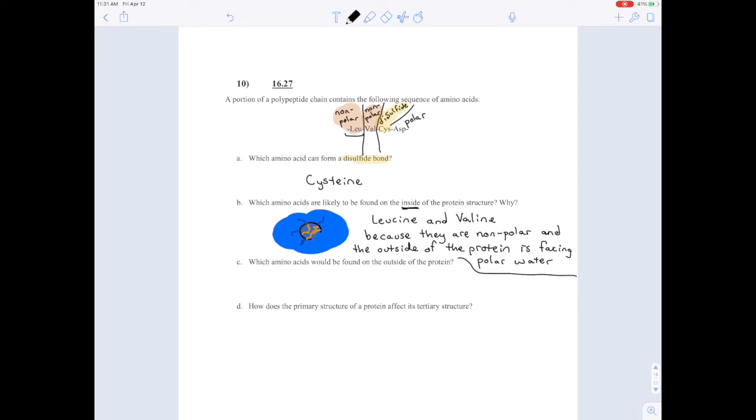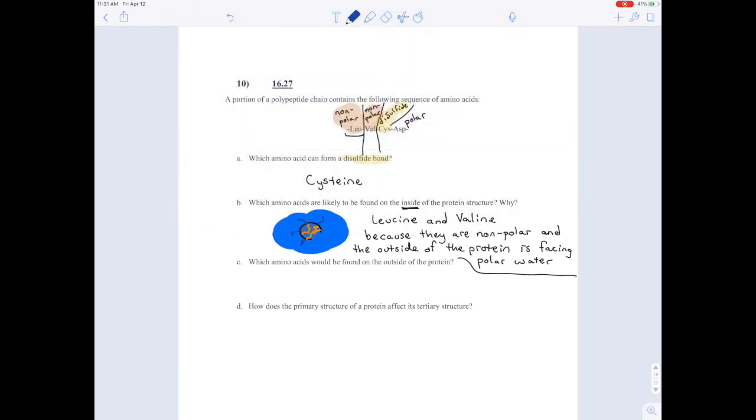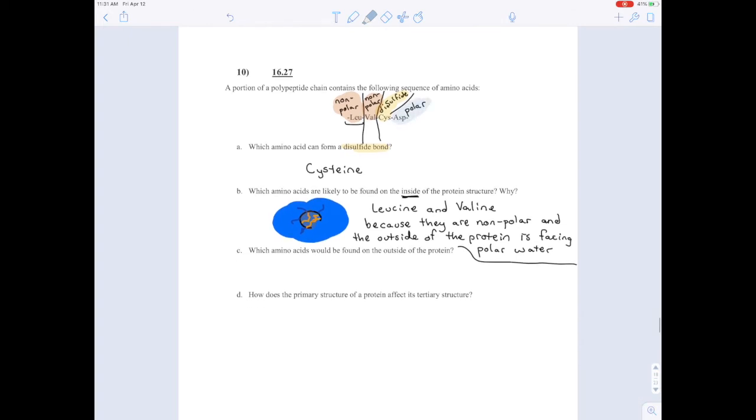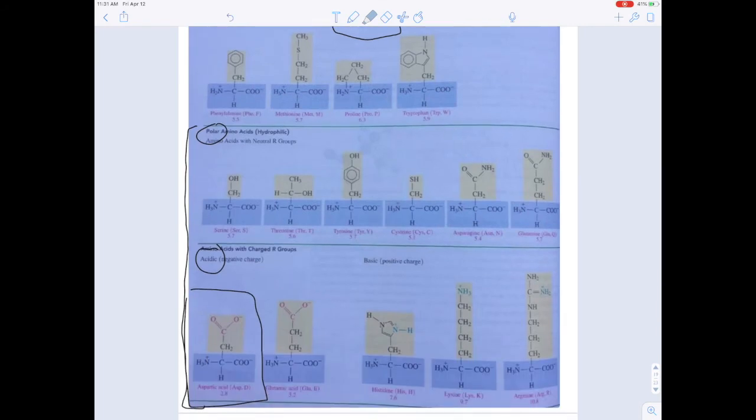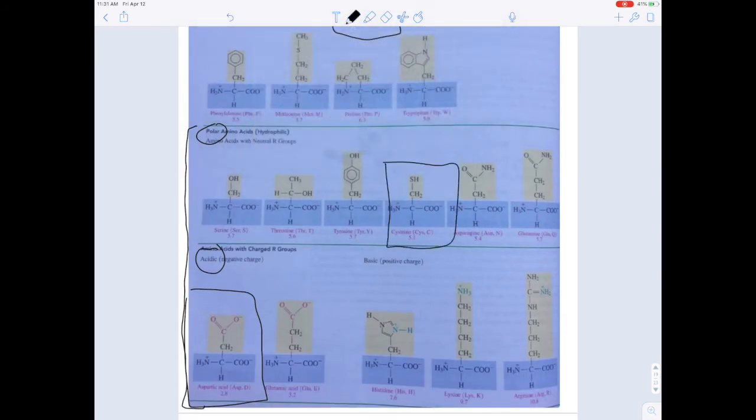For C, it says which amino acids would be found on the outside of the protein. Well, we just saw how the outside of the protein is surrounded by polar water. So what's going to be surrounded by polar water? Polar amino acids. So we saw here that aspartate is polar. And so it would want to be on the outside. And also, if you noticed, we pointed out that even cysteine is polar.